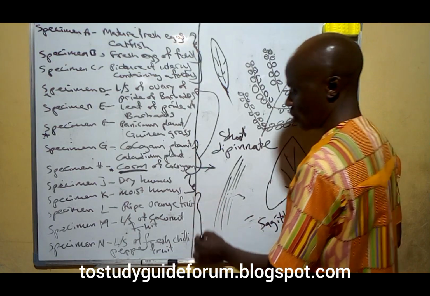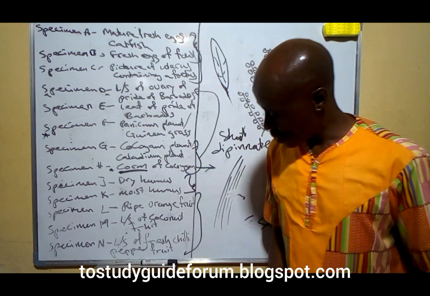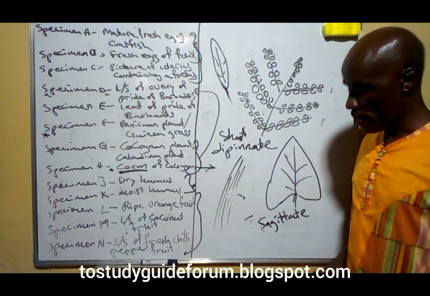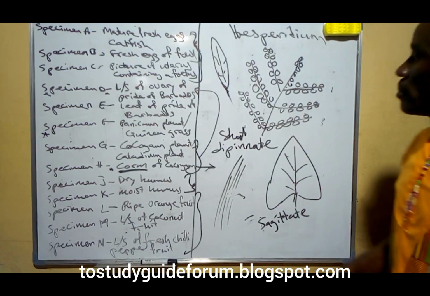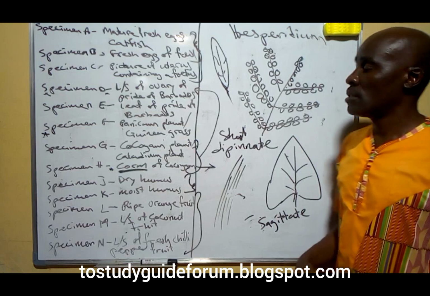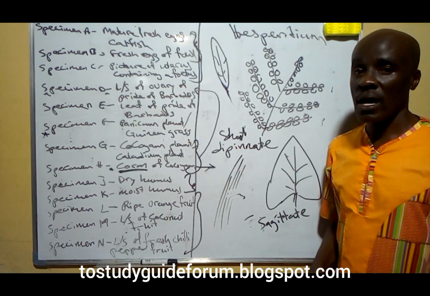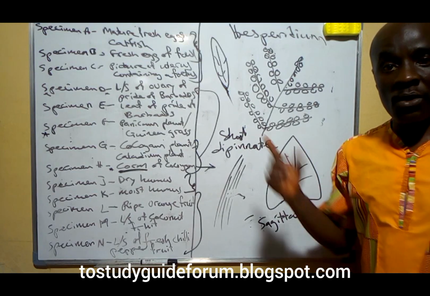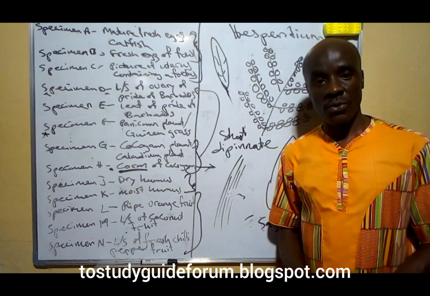When we come to this other end, you find out that all of them are fruits. This other one, the orange, belongs to a group, one of the divisions of the fleshy fruits.